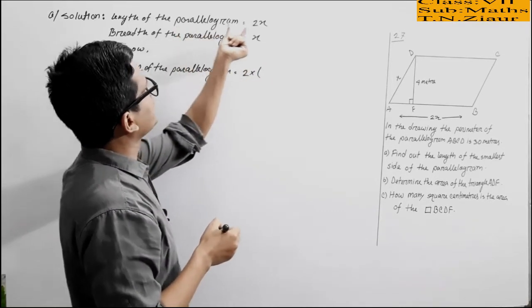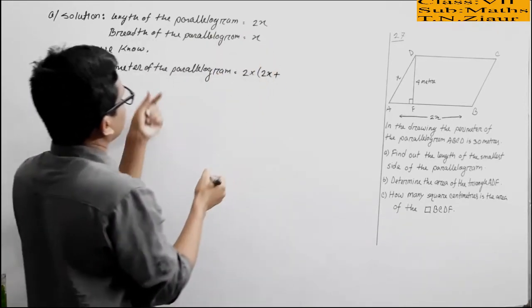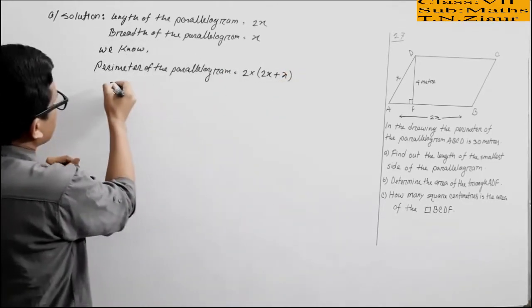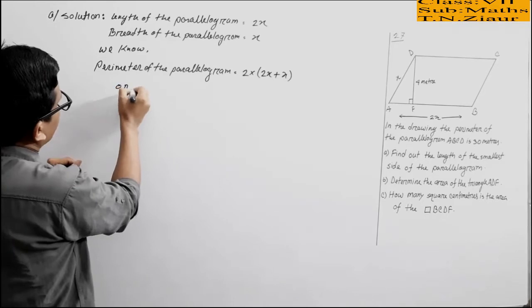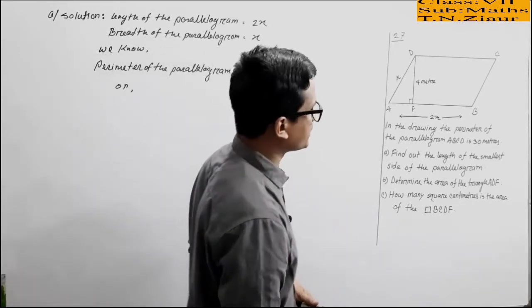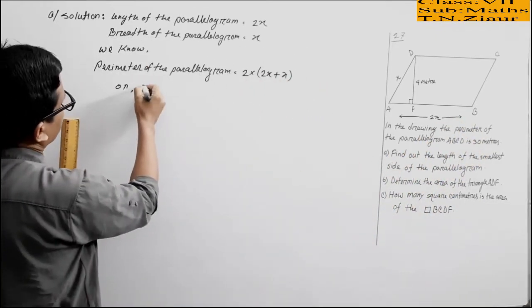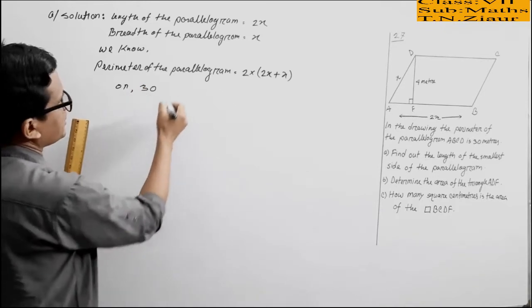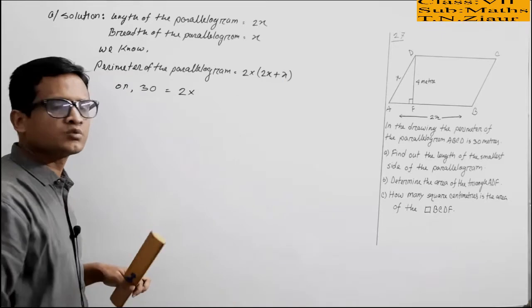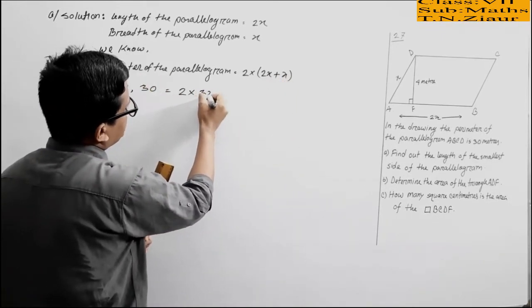So length is 2x, we can write 2x plus breadth. Breadth is x. Perimeter of the parallelogram is 30 meter given. So just write 30 equal to 2 into 2x plus 1x, which is 3x.